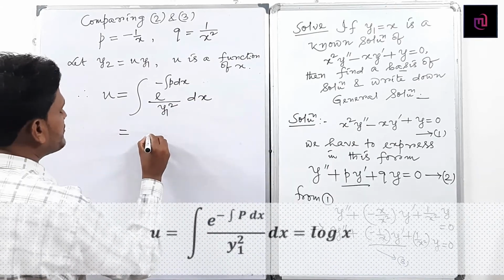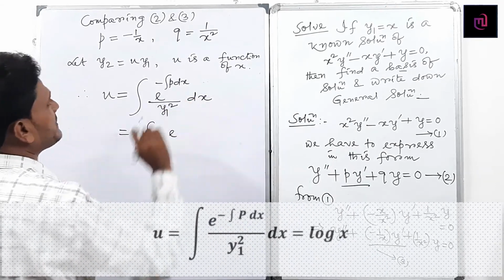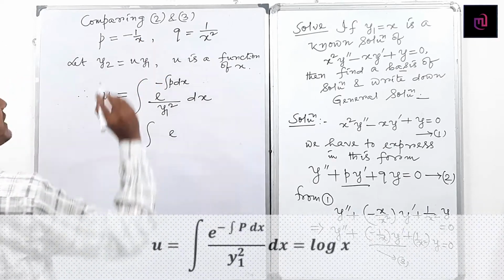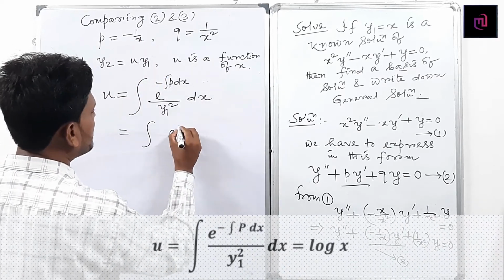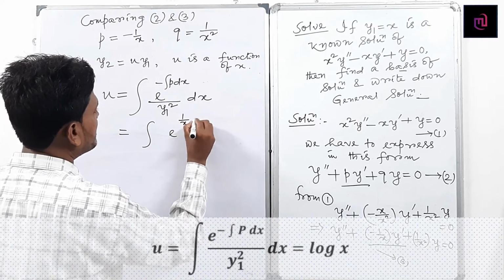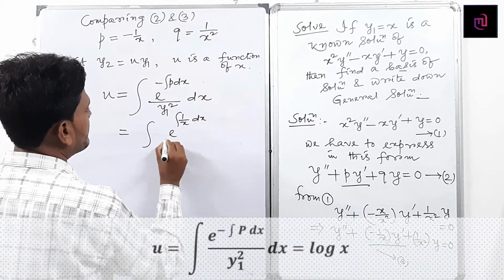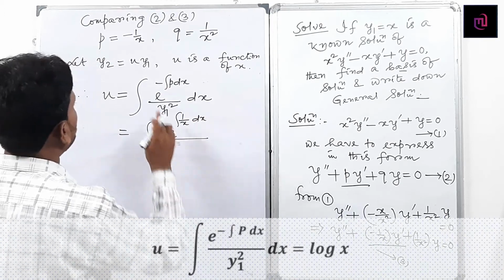This becomes the integral of e to the power minus p dx. What is p? p is minus 1 by x, so minus minus is a plus, giving e to the power 1 by x dx, all divided by y1².